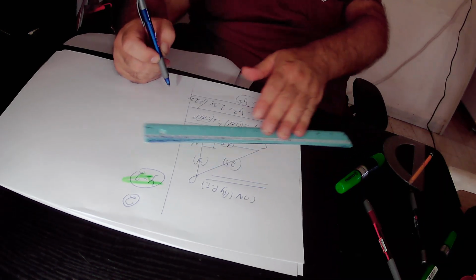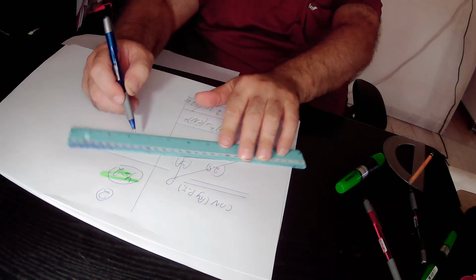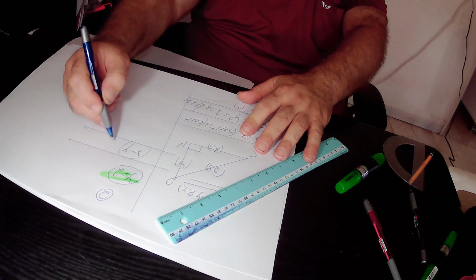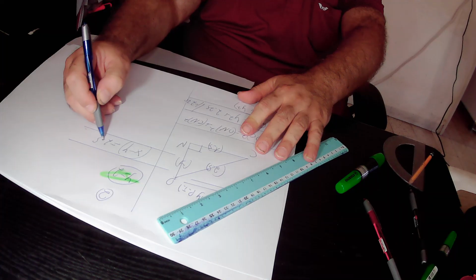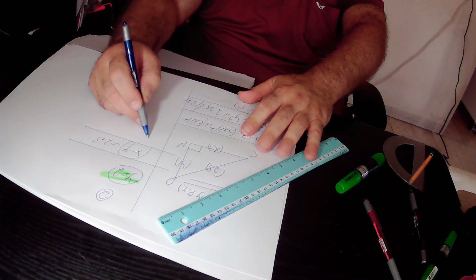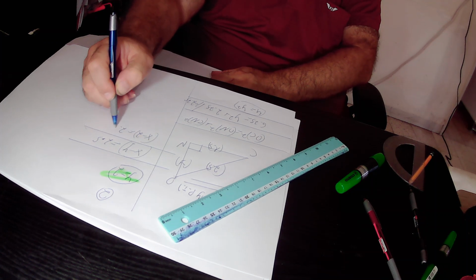We already found that x minus y equals 2.5. Y is 2, so we substitute y by 2, and we get that x minus 2 equals 2.5.